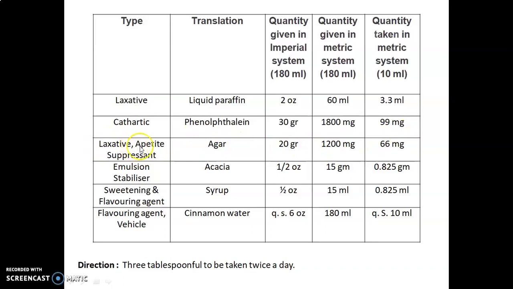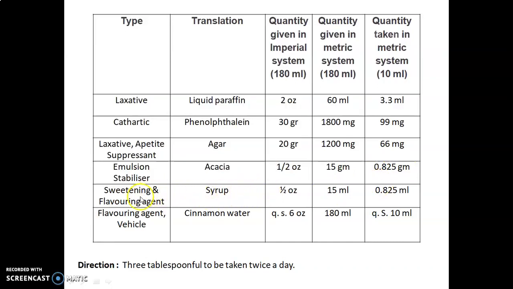Agar, a laxative, appetite suppressant. The quantity given is 20 grain. Converting into metric, that is 20 into 60, which is 1200 milligram, so we have to take 66 milligram. Acacia, emulsion stabilizer, 1/2 ounce means 15 gram, that is 0.825 gram.